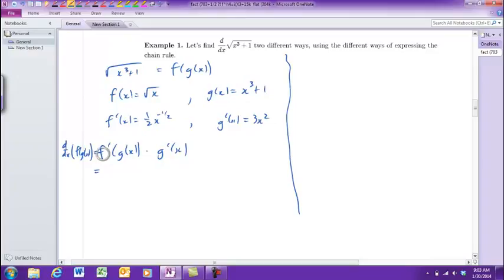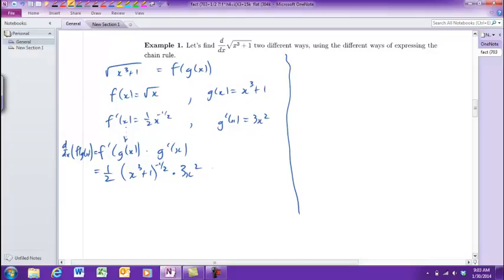And f prime is 1/2 x to the negative 1/2 power, but I don't want f prime of x, I want f prime of g of x. So in place of this x here, I'm plugging in g of x, and my g of x is x cubed plus 1. And now I'm raising that to the negative 1/2 power. And then I multiply that by g prime of x, which is 3x squared.